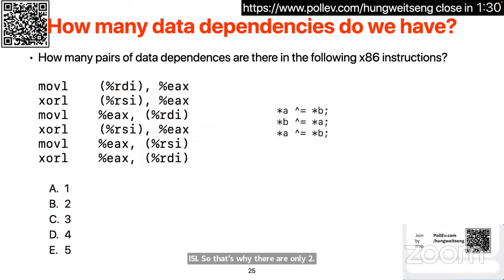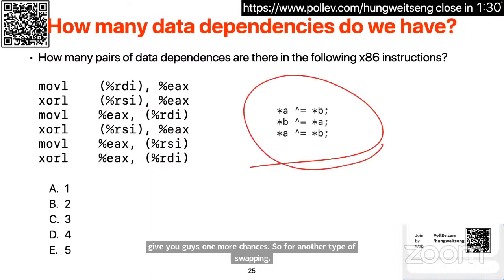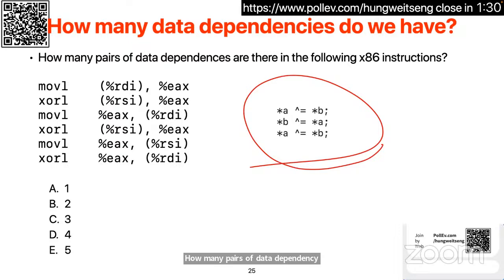All right, let's give you guys one more chance. For another type of swapping, how many pairs of data dependency are we seeing here?